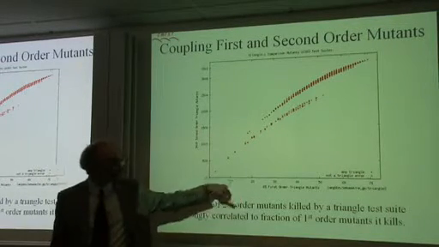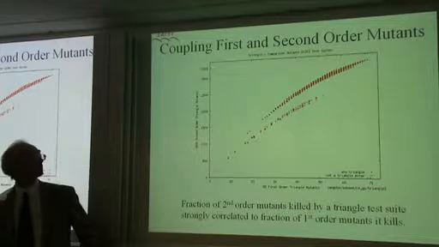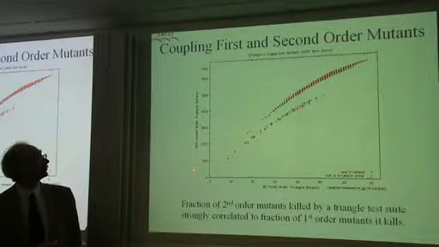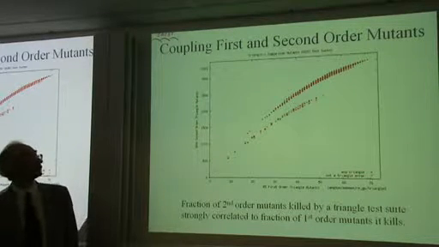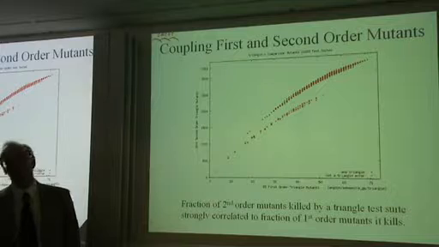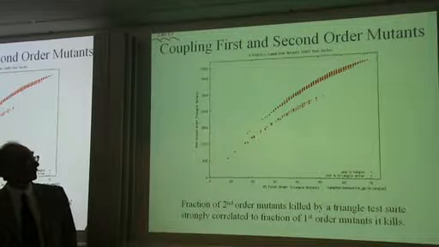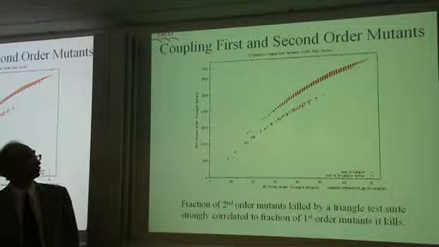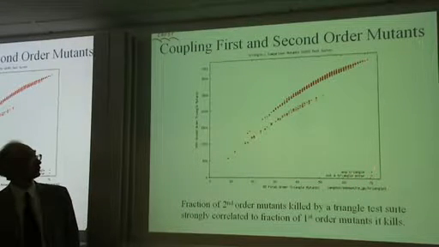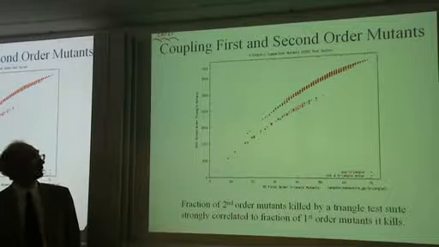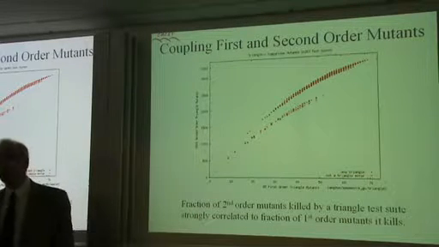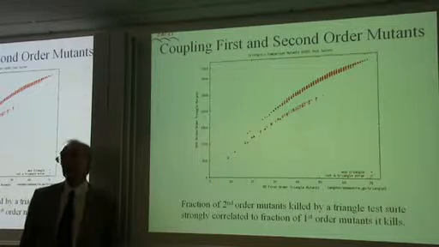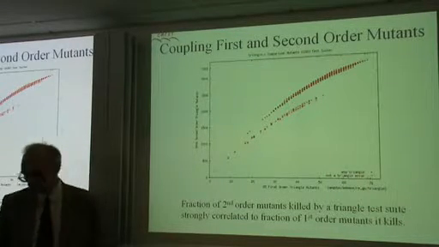So going across is the first order mutants, and going up is second order. And you see there's a very strong relationship. It's not just that you kill almost all of the first order, which would correspond to this edge of the graph, but actually at any order, if you're good against first order, then you will also be good against second order.